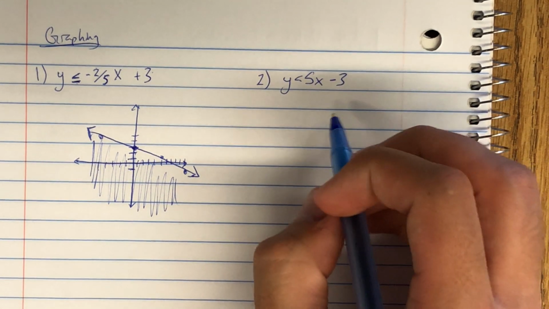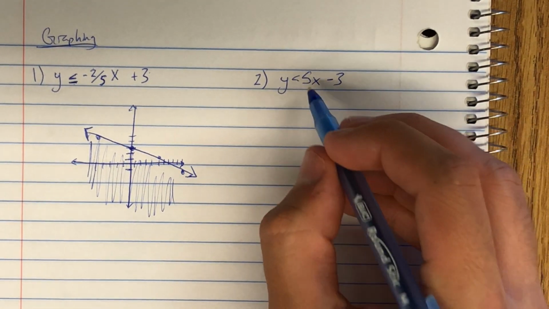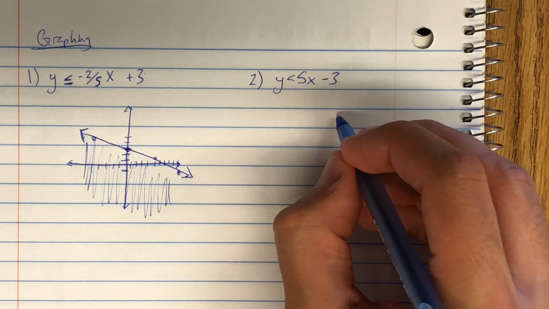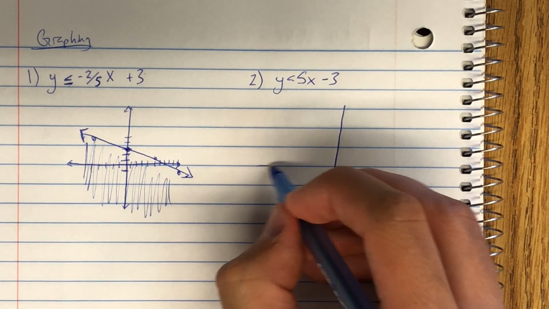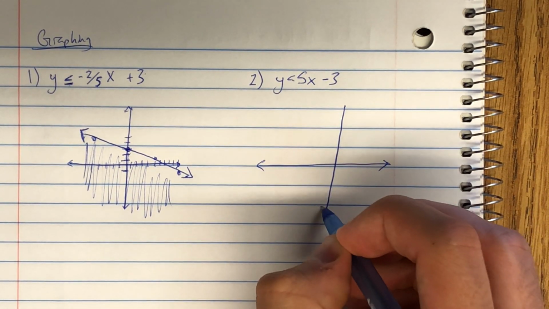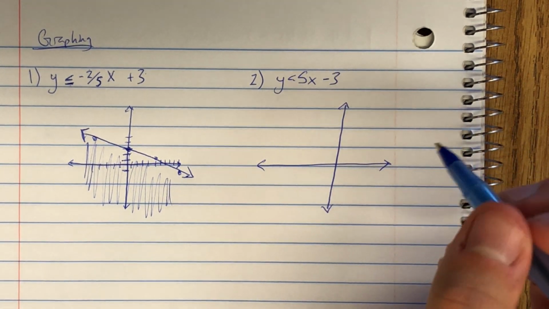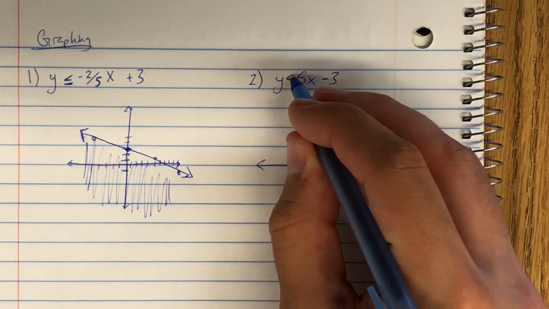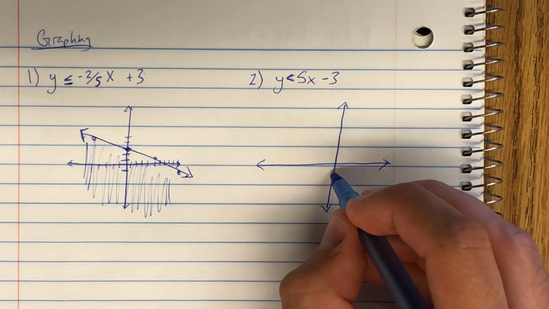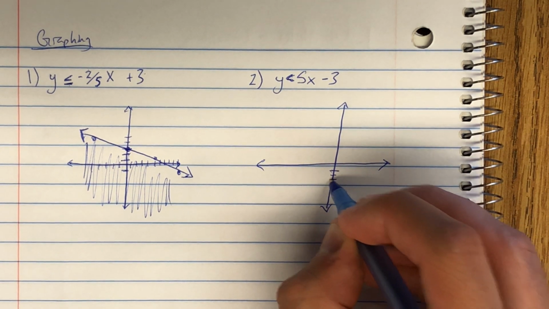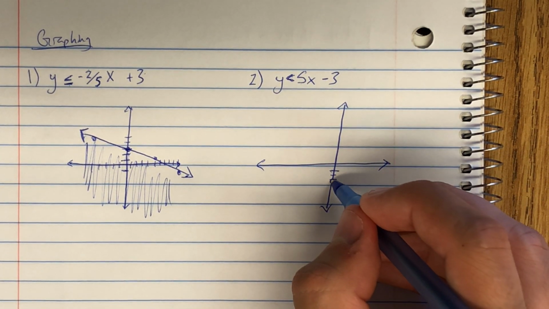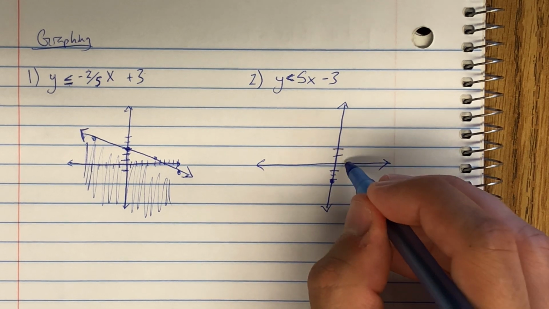Number 2. So we have y is less than 5x minus 3. So again, we start by just graphing this function. So y-intercept at -3, slope is 5, so that means we go up 5 over 1.